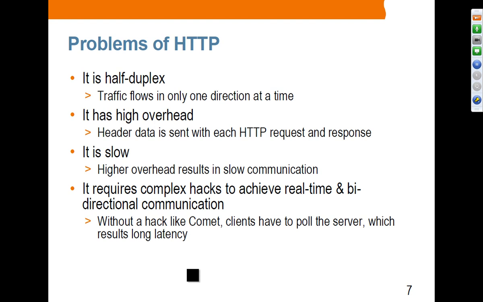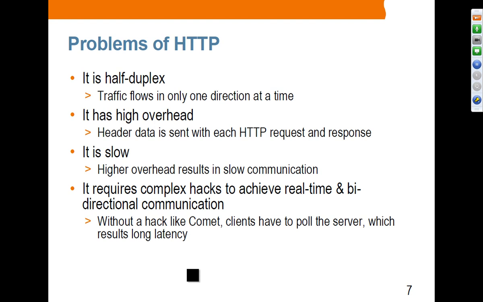Each HTTP request and response is huge. You're talking about almost 800 bytes or something like that for each request and response. And that is just too much overhead. And it is slow, mainly because of the overhead, which means the actual data transfer rate leaves something to be desired. Higher overhead results in slow communication.